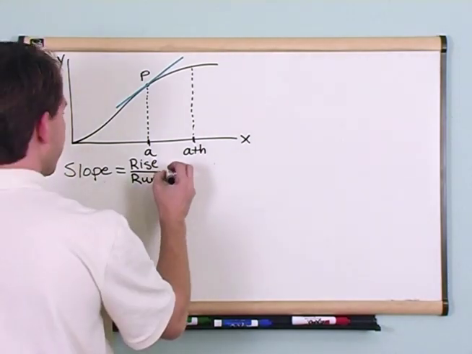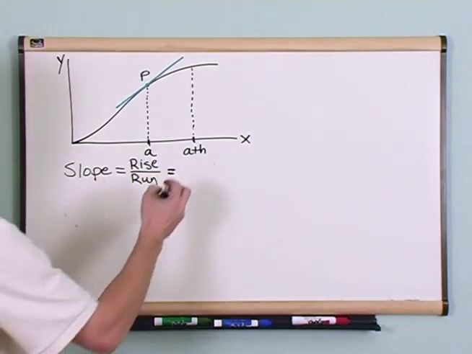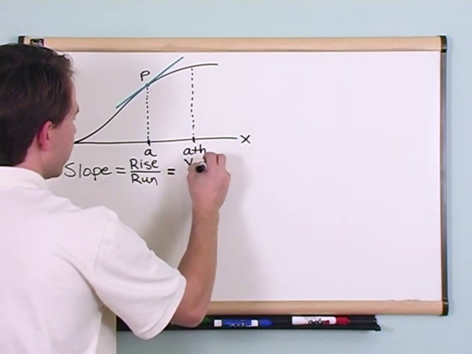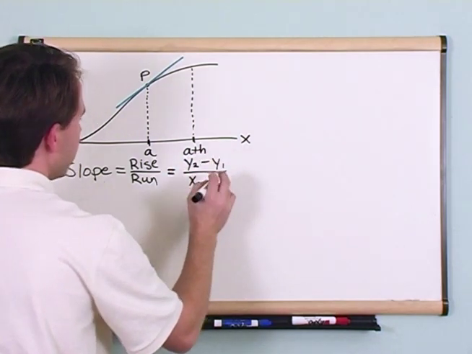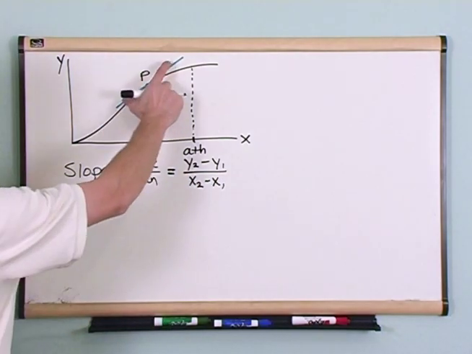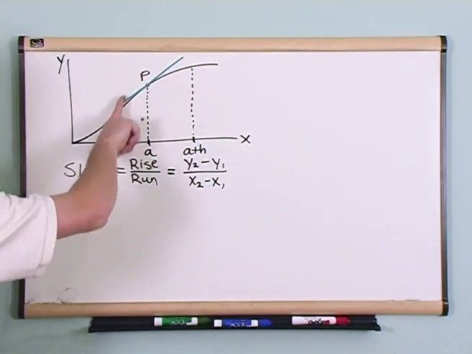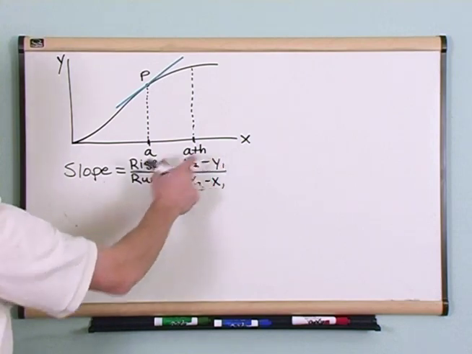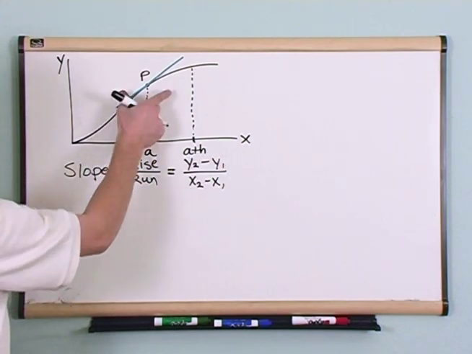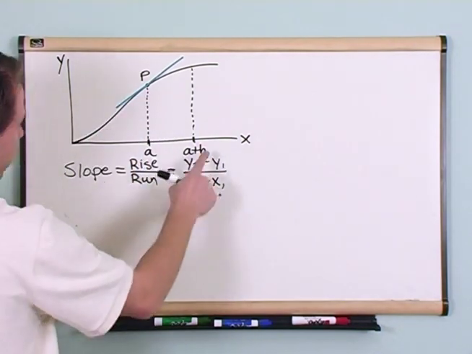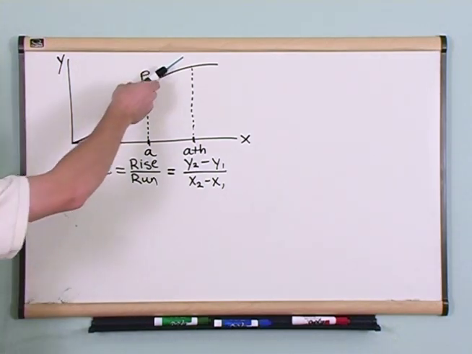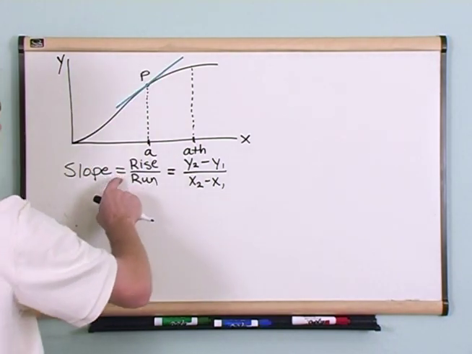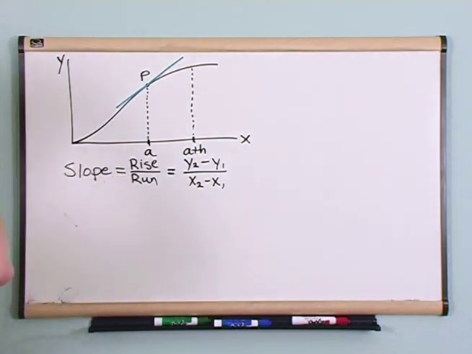We also wrote that as y2 minus y1 over x2 minus x1. So you take any 2 points on the line, you find the difference in y, how far up, and put it here, and the difference in x, how far over, between the same 2 points, you put it here, you divide those numbers, boom, you have the slope. So in order to find the slope of this line, we need to use this formula.